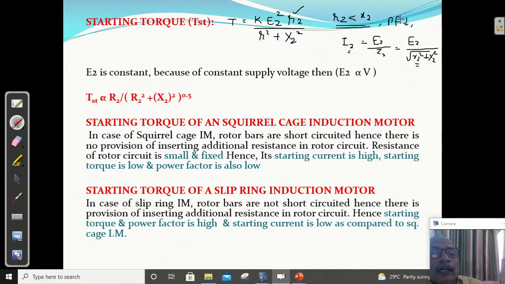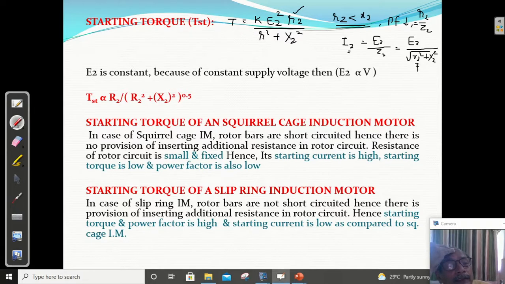What is the power factor? R2 by Z2. This is less, but you can't control it. So you can't control the rotor current, you can't control the rotor power factor, and you can't control the torque either. So in case of squirrel cage induction motor, starting current is very high. Why is the current high?